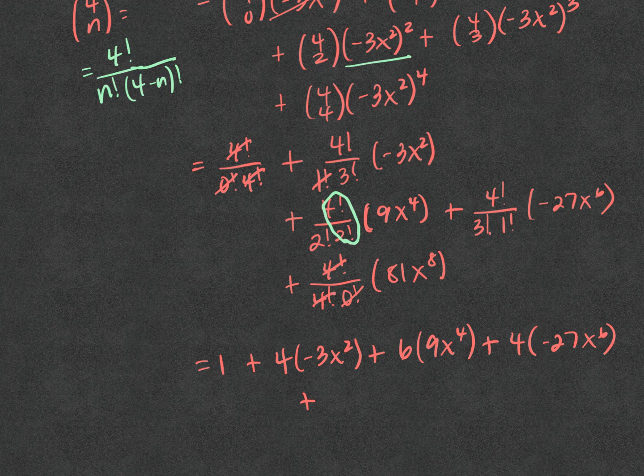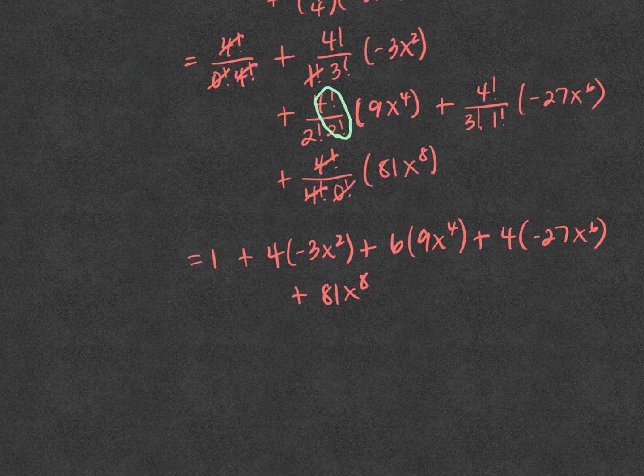And then these cancel to be 1, so we have 81x to the eighth. So now we can finish it off and have 1 minus 12x squared plus 54x to the fourth. Oh, that's not a plus, so 4 times 27, that's minus 108x to the sixth plus 81x to the eighth.